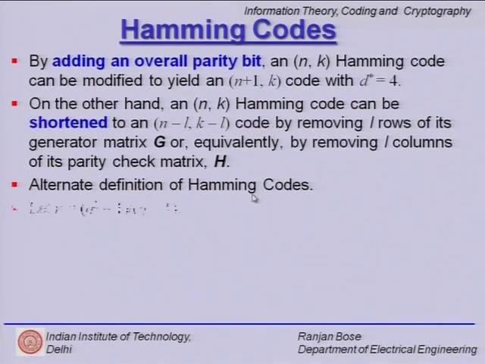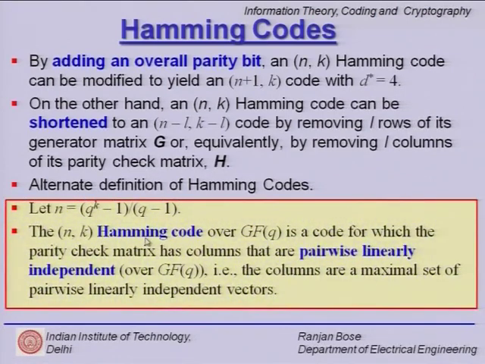There is also an alternate definition of Hamming code. Let n be equal to q raised to the power k minus 1, divided by q minus 1. For example, for the binary case q is equal to 2 and k is equal to 4, so you can substitute these values. Then an n comma k Hamming code over GF(q) is a code for which the parity check matrix has columns that are pairwise linearly independent.